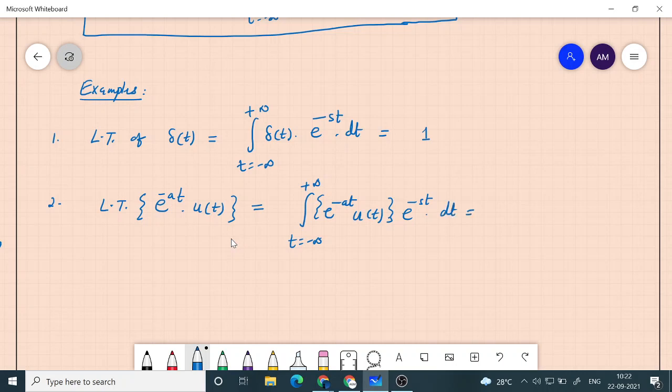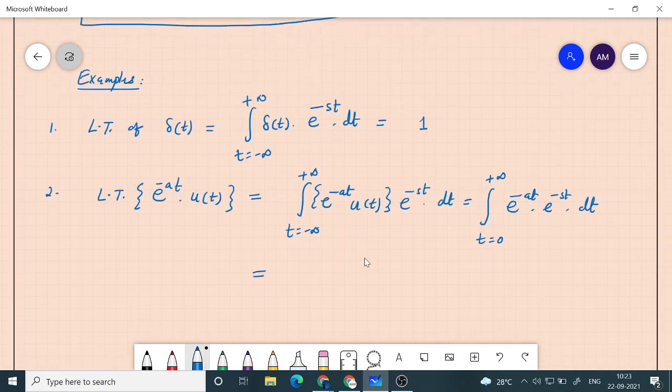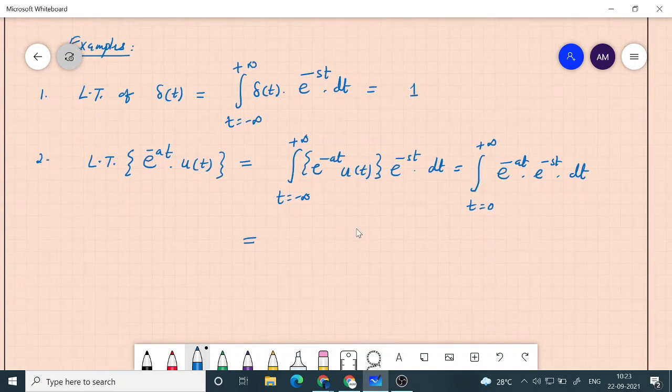Now u of t is positive 1 for positive values of time, and it is 0 otherwise. So this integration you can do only from t equal to 0 to infinity, e raised to minus at into e raised to minus st into dt. Okay, so this is what it is.